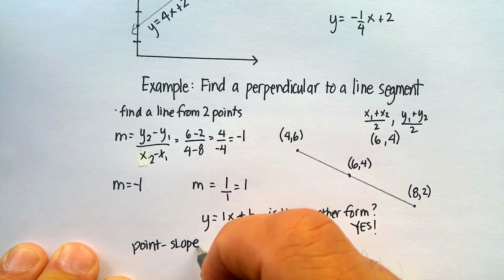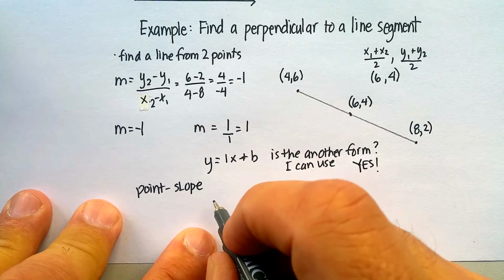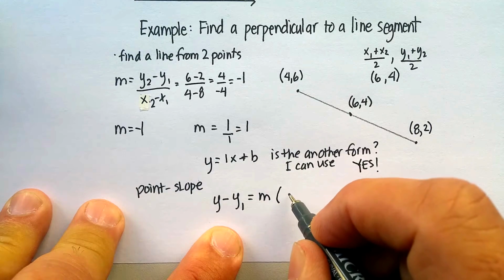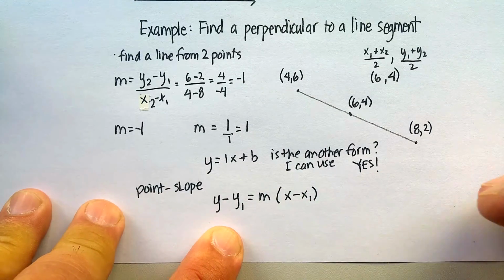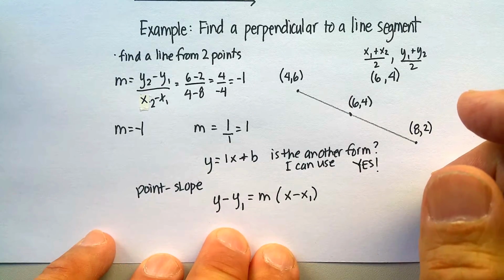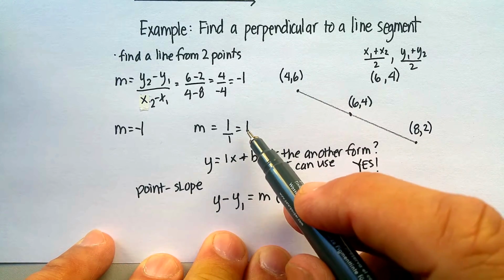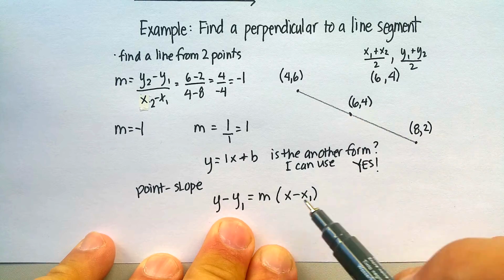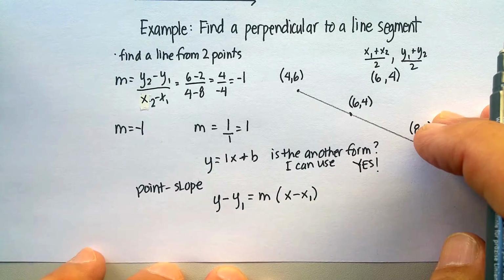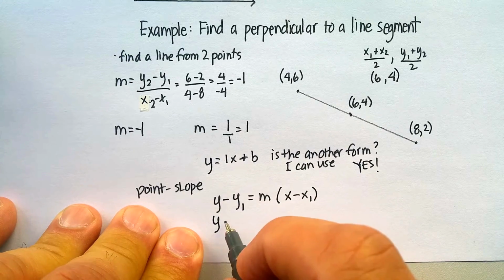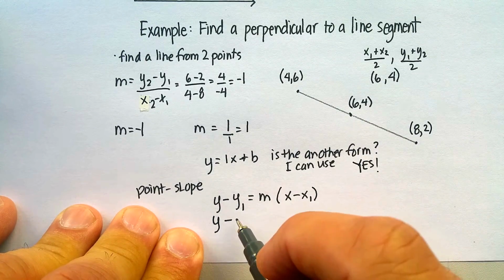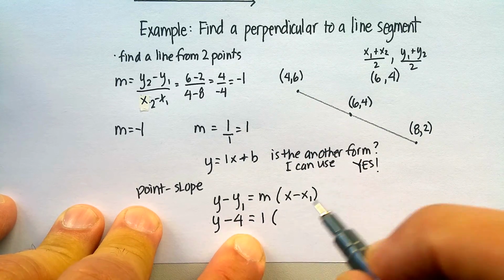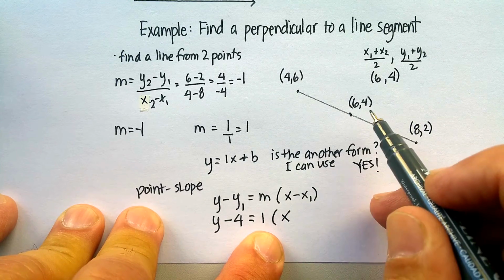The point-slope form of a line is this: y minus y1 is equal to m times x minus x1. Now what this means is if I know the slope, and I do, it's just positive 1, and I know a point, which is x1, y1, and I do, plug everything in, there's your line. So I'm going to say y minus 4, is equal to m, which we figured out was 1, the negative reciprocal, times x minus 6.